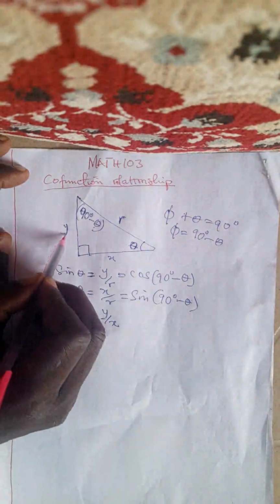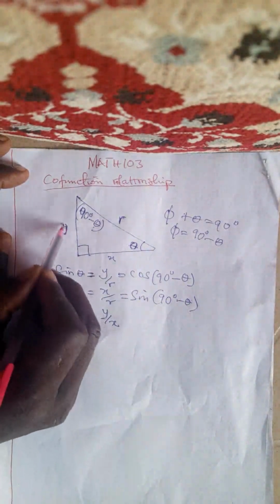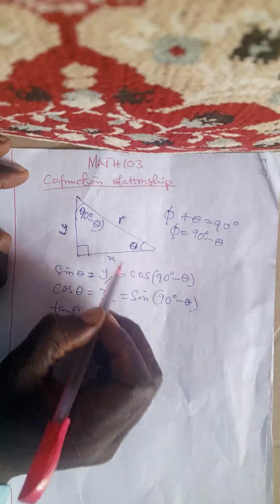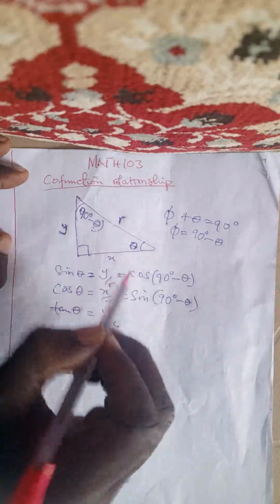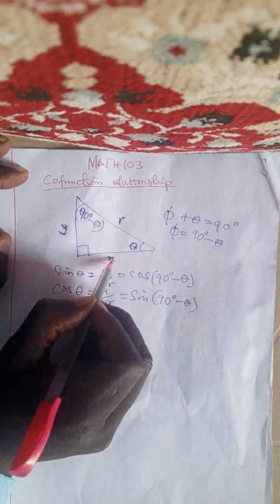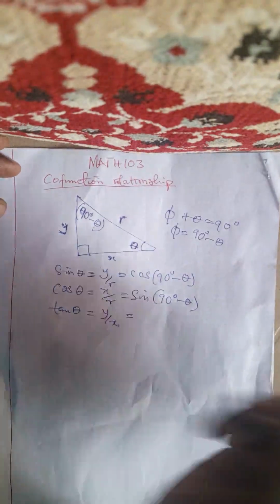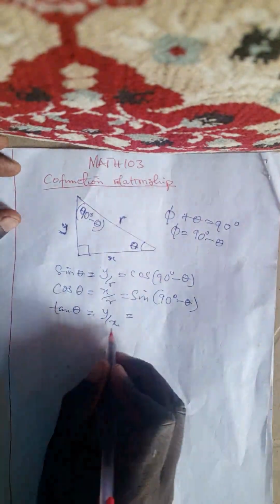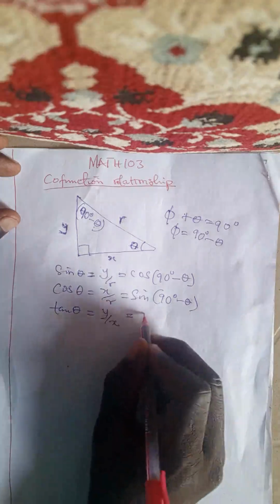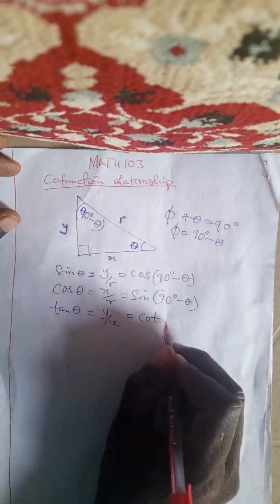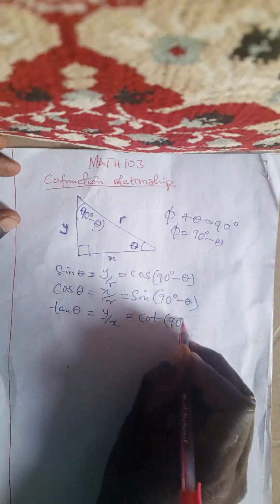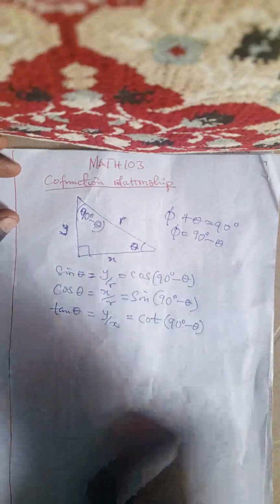So this is adjacent over opposite, which is x over y, and that is equal to cot of 90 degrees minus theta.